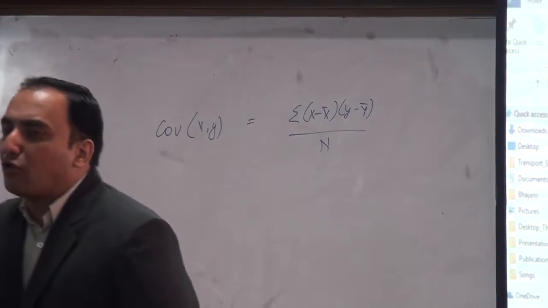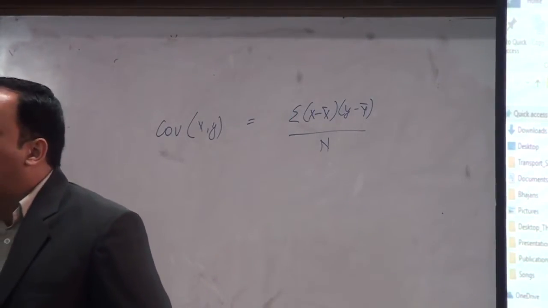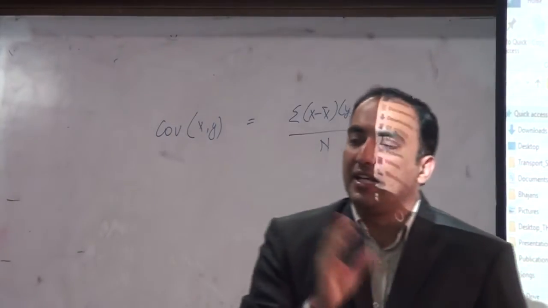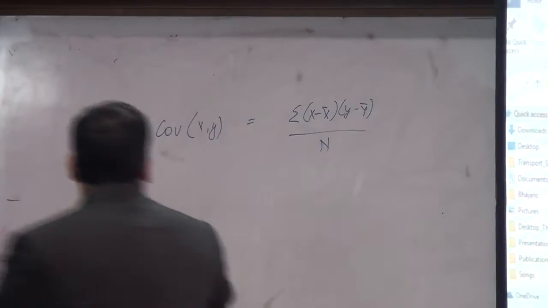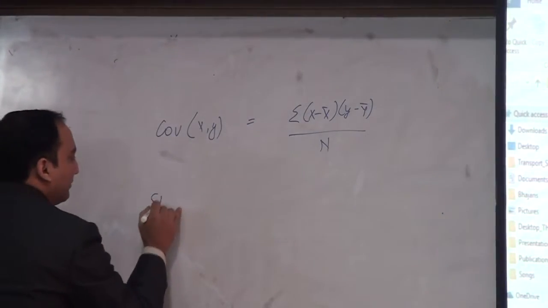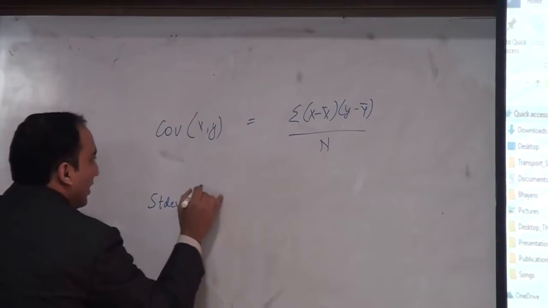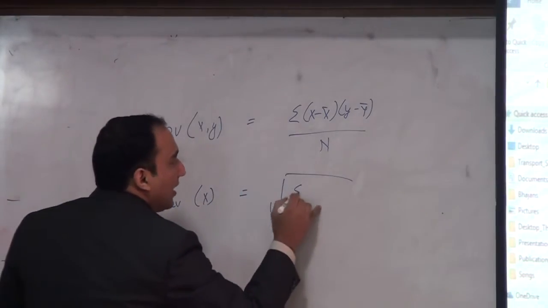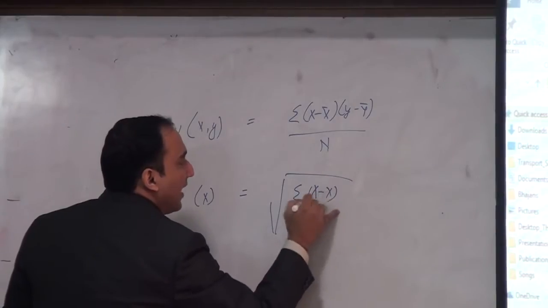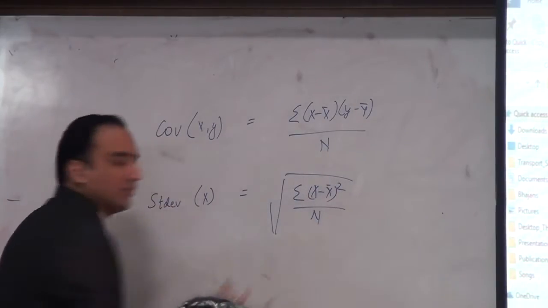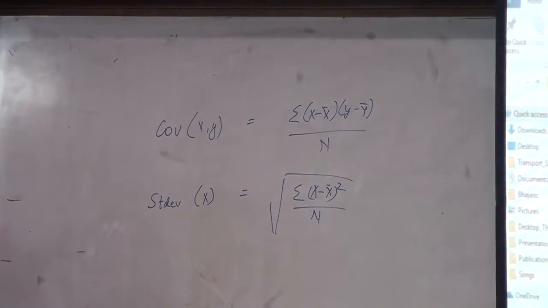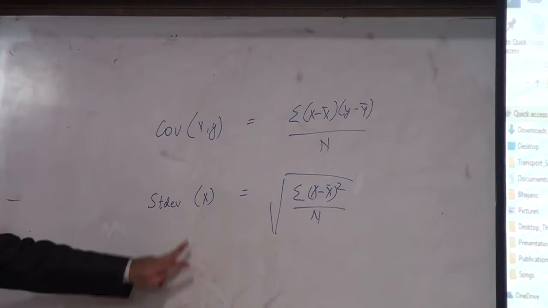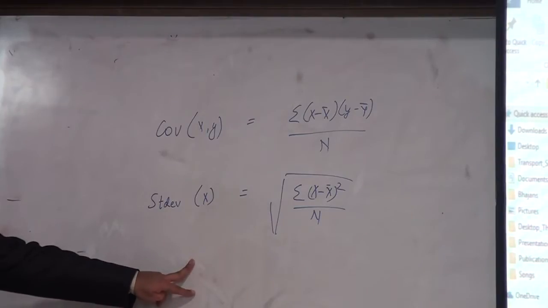It means the first variable is moving very little in terms of its mean, whereas the other variable is moving very high in terms of its mean. So standard deviation of a variable x is again nothing but under root summation x minus mean x, that's all. So I can find out standard deviation of x, I can find out standard deviation of y.